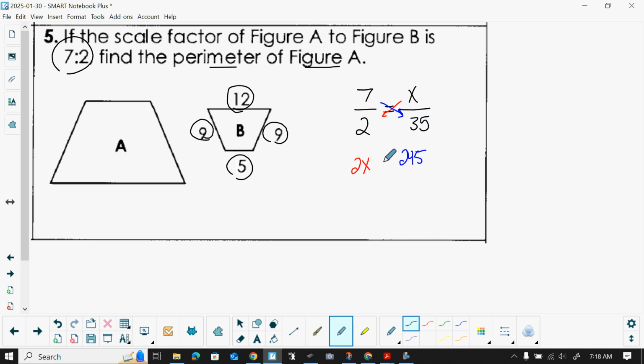Okay, so A to B, A to B, and then we divide both sides by 2. We get x equals, now this time we're going to go ahead and divide that out because it wants a perimeter, not a scale factor. So 245 divided by 2 is 122.5, and that would be the perimeter of A.